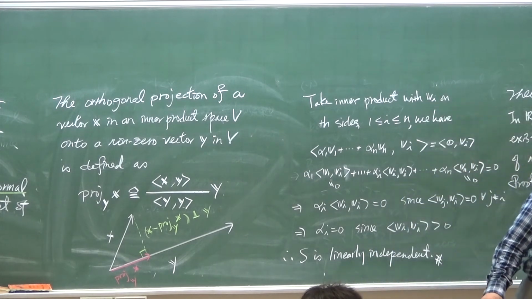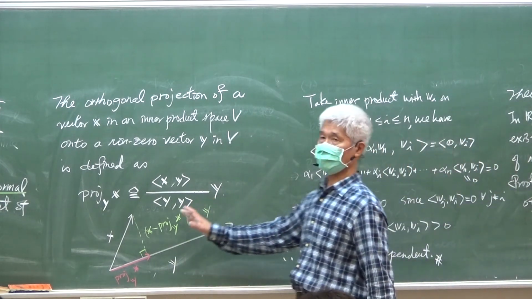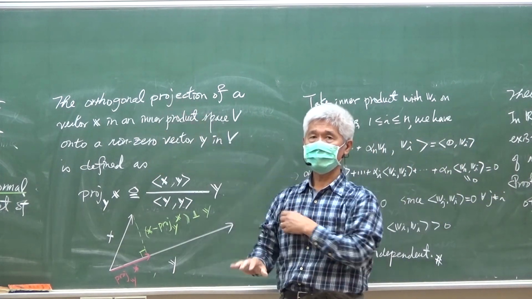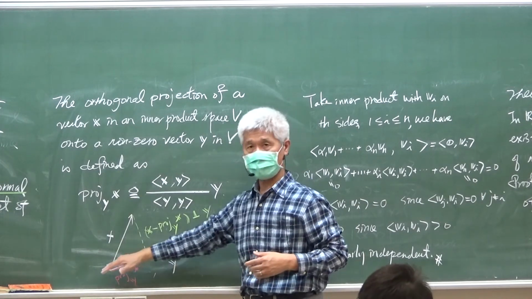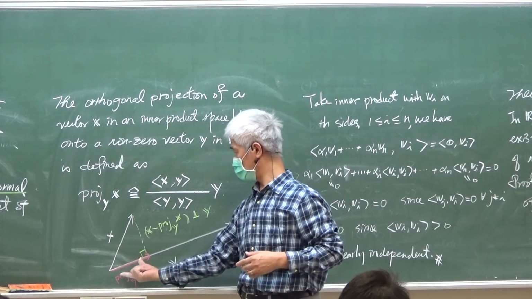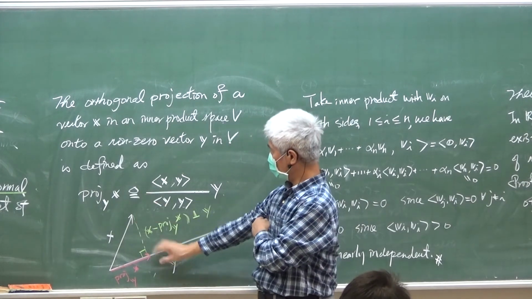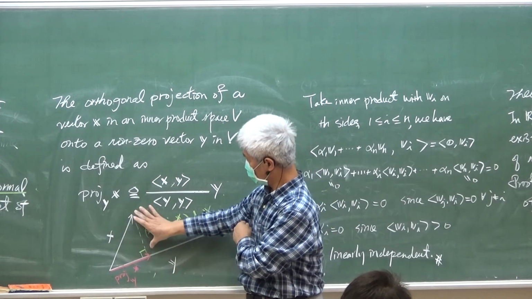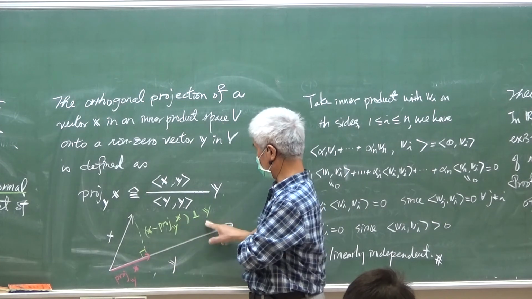You get the idea? So we project the vector x onto y. This projection will be here, the red vector, and the red difference, x minus the projection, should be orthogonal to y.